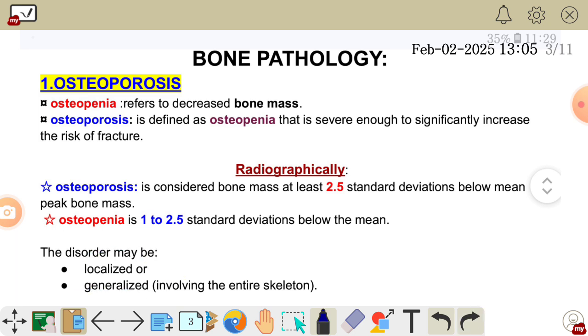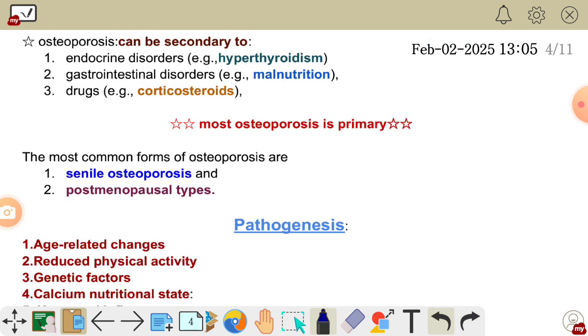Okay, so now what are some of the causes? What can cause this osteoporosis? So the causes can be secondary, so it can be due to other conditions, secondary to a certain condition, or they can be primary. So under secondary causes, we have endocrine disorders. So endocrine disorders, these are disorders which involve hormones.